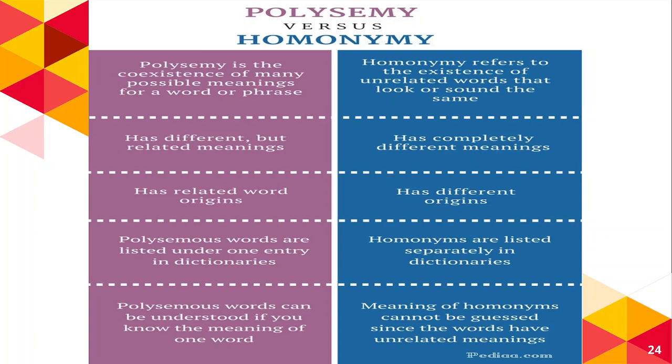In this table, which I have taken from encyclopedia.com, the left hand side gives the characteristics of polysemy, whereas on the right you will find that of homonymy. Polysemy is the coexistence of many possible meanings for a phrase or a word, and homonymy refers to unrelated words that look or sound the same.